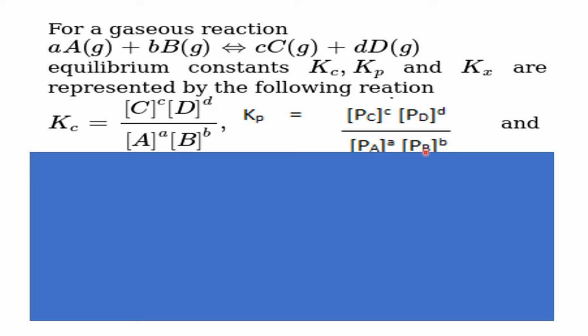So we arrived at the second equation, that is the equilibrium constant at partial pressure. If we use moles per liter as the unit for a reaction at equilibrium, we have Kc. If we use partial pressure, we have Kp.